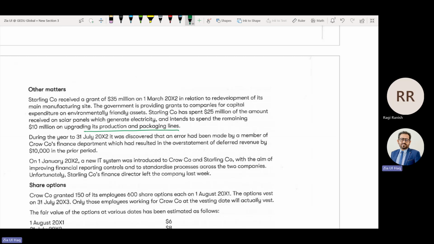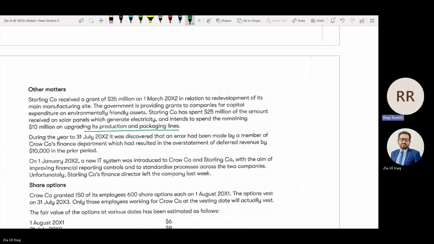If they are breaching the condition attached to the grant, per IAS 37, there must be provision for the full amount of the grant. And in case of no provision, due to non-compliance with the condition, chances that expenses and liabilities could be understated and profit overstated.